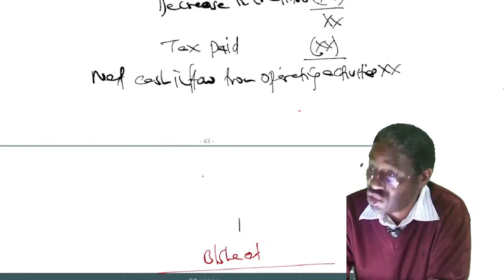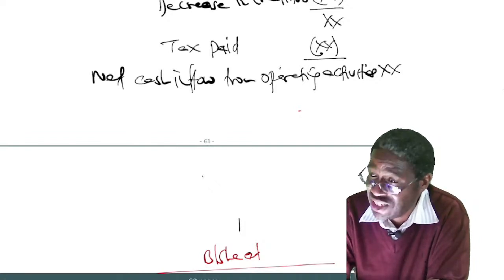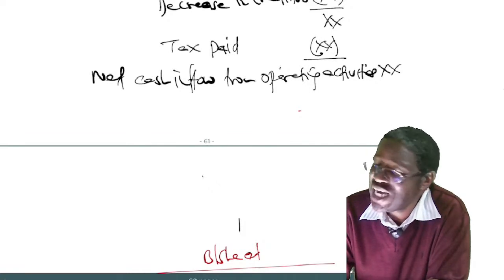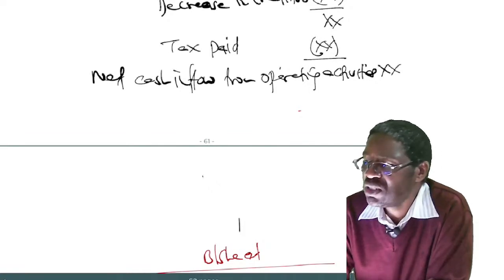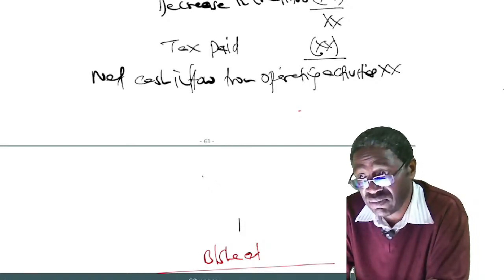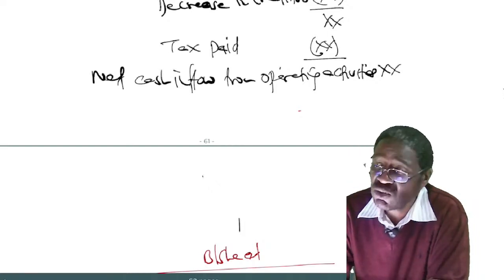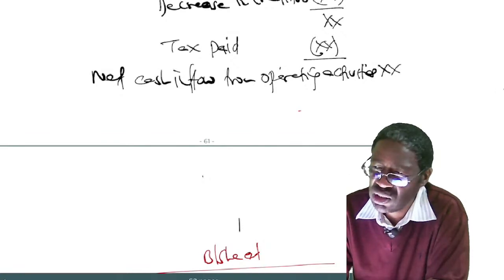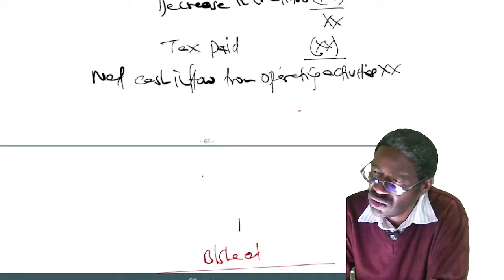I'm not talking of the charge, the interest paid. There are companies that consider it as an operating item, and there are companies that consider it as a financing item. The accounting standard allows you to choose between the two.